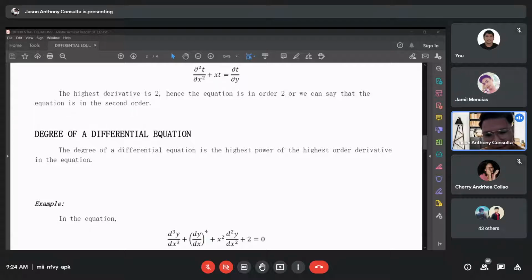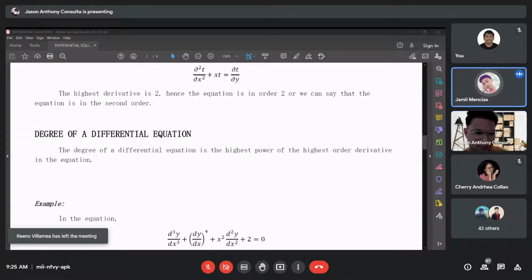Okay, so based on the definition, the degree of a differential equation is the highest power of the highest order derivative in the equation. So what is the degree of this differential equation?